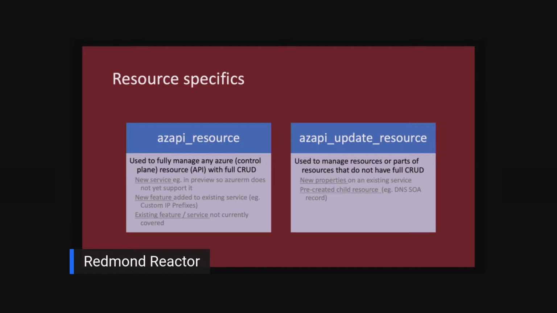So if you have an Azure RM resource that does 90% of what you need to do, but there's a new feature that's been added and isn't supported in the Azure RM resource yet, you can use the AzAPI resource to actually manage those properties associated with that new feature and functionality. So it's not creating the resource, it's just allowing you to manage those properties, and then the resource can be managed with Azure RM as well. That's one of the scenarios for the update resource.